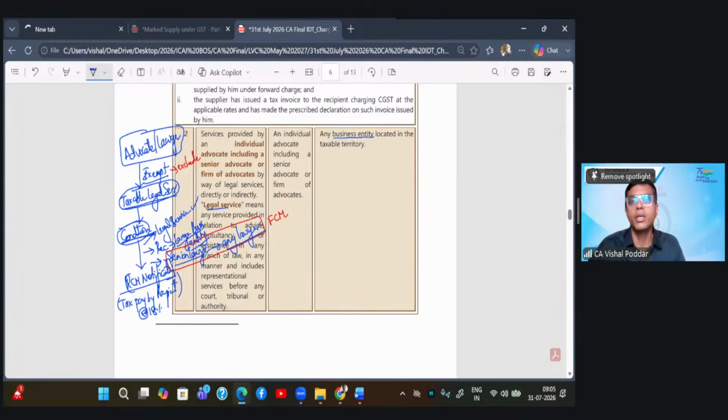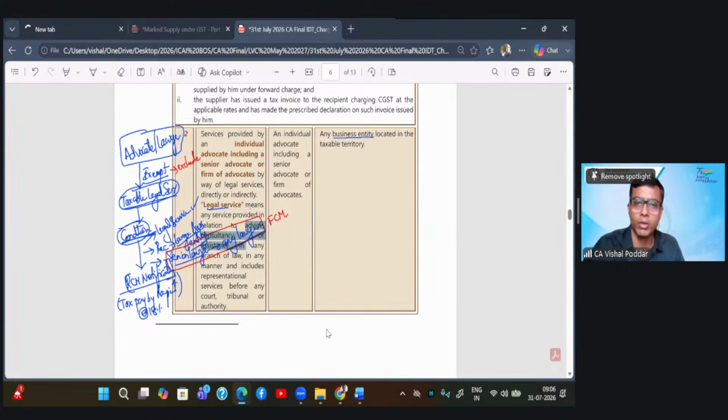So basically legal service means service relating to, as now you can read here, advice, consultancy. So what is the service? Service is advice or consultancy or any type of assistance. So what does a lawyer do? The lawyer gives you advice on any legal matter.